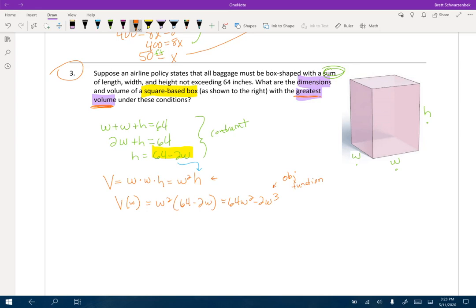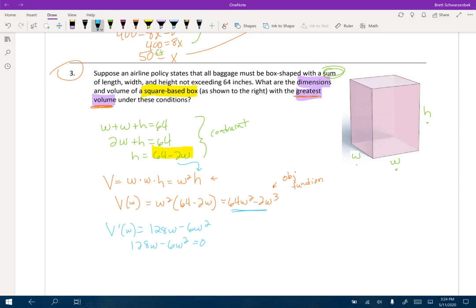Okay, so what do we do next? As usual, we need to find the derivative of our function. So if we find the derivative of this, we're going to get 128W minus 6W squared. So this is going to be our derivative, and we always set our derivative equal to 0. Okay, well, again, it's a binomial, so we're going to take out a GCF.